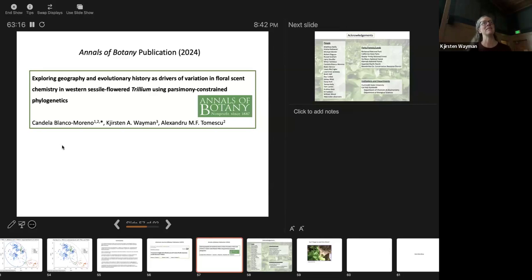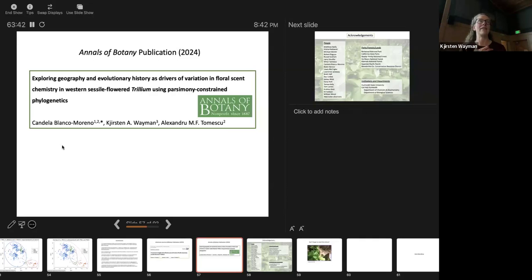Other questions? Are there instances where taxonomy has been resolved using floral scent? We do mention a couple of articles that try to address that in this Annals of Botany paper.